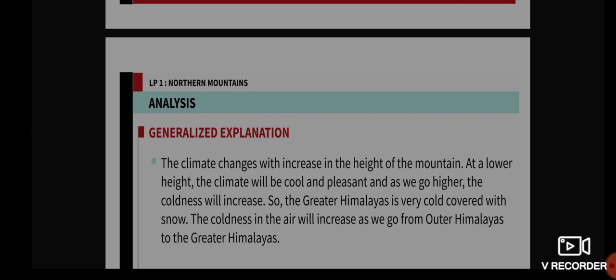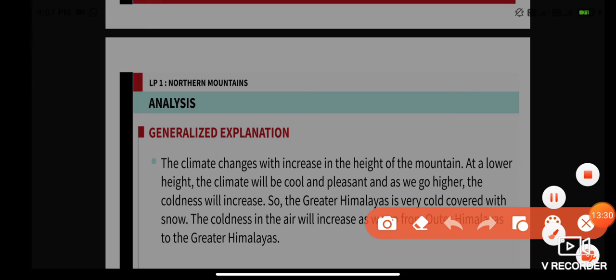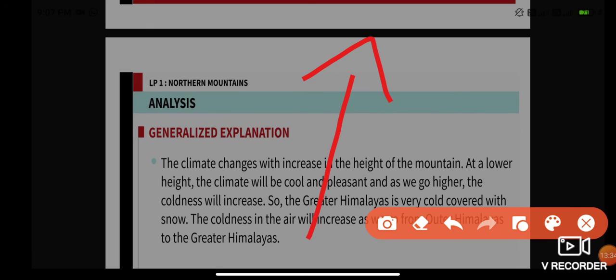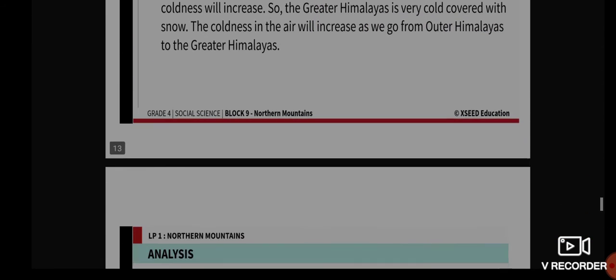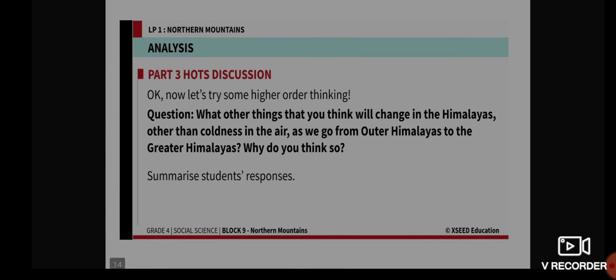The coolness in the air will increase as we go from the Outer Himalayas to the Greater Himalayas, from the south to the northern Himalayas, and the weather becomes extreme cold.